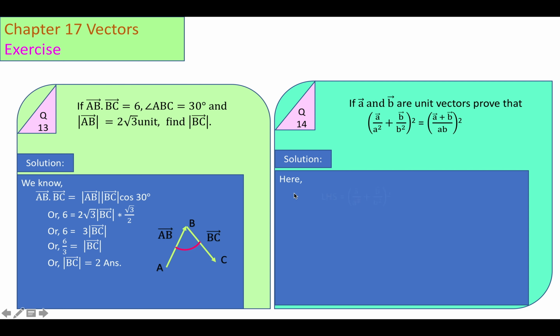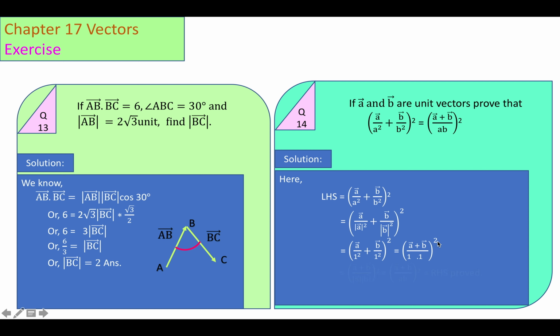Here, in the LHS we are given (vector A by A square plus vector B by B square) whole square, which equals (vector A by magnitude of vector A square plus vector B by magnitude of B square) whole square, since in place of A square we can write magnitude of vector A square, and likewise for B. Which equals (vector a by 1 square plus vector b by 1 square) whole square, where the magnitudes are 1, which equals (vector a plus vector b by 1 into 1) whole square.